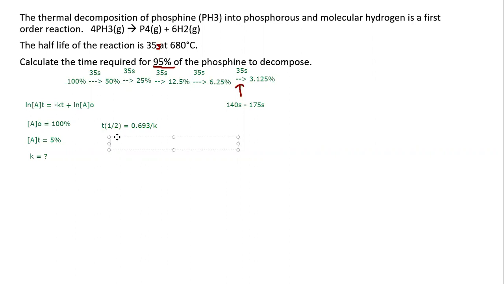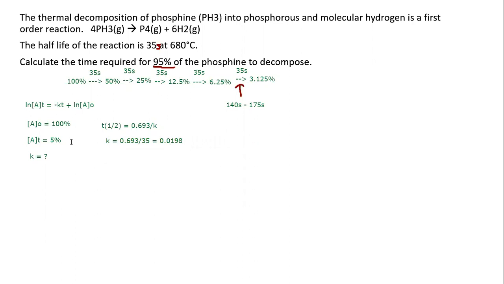So k equals 0.693 divided by 35, and we get k to be 0.0198. So now we have k.